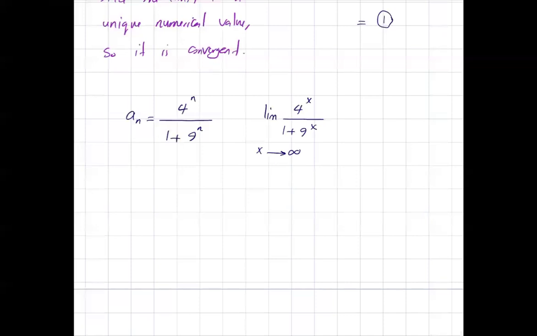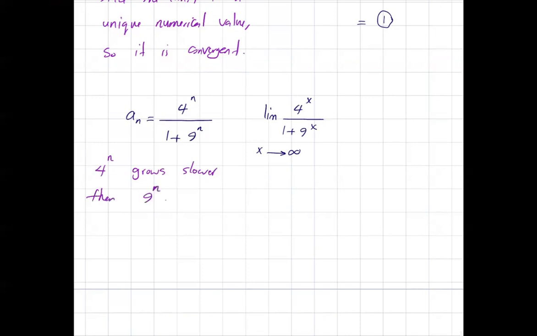Intuitively, you can say that 4 to the x or 4 to the n grows much slower than 9 to the n.